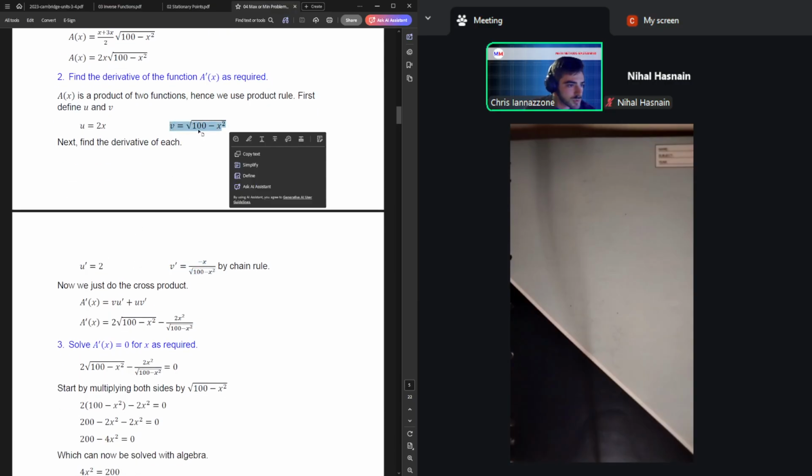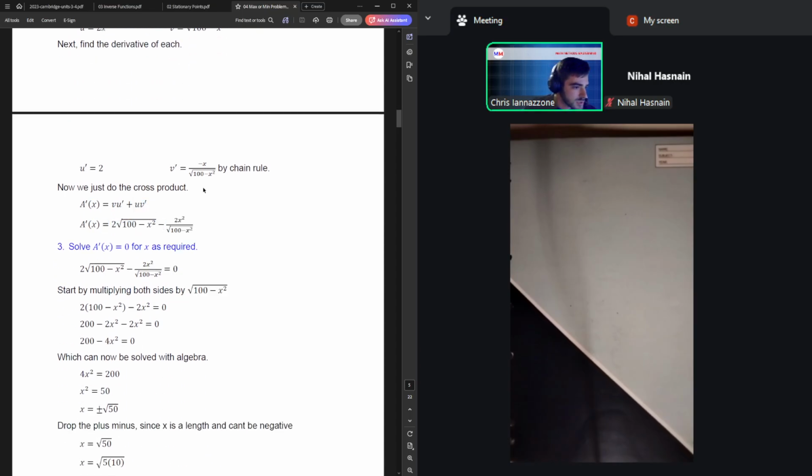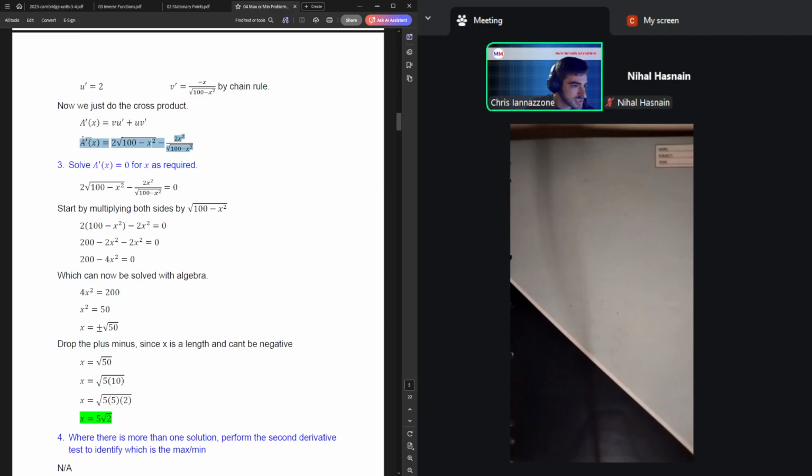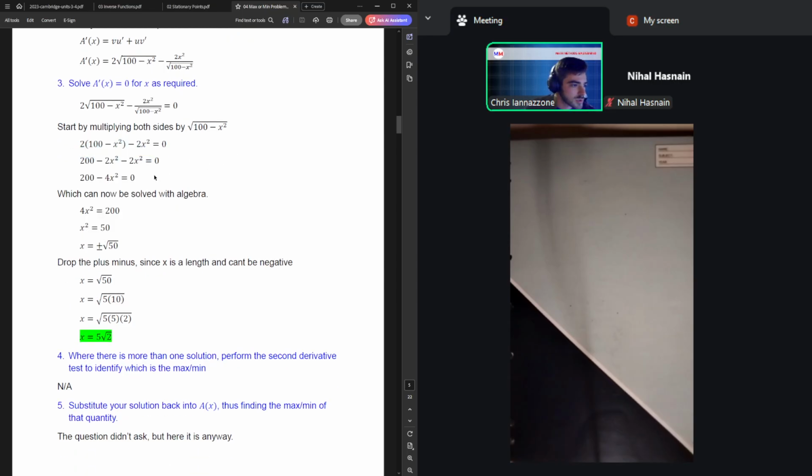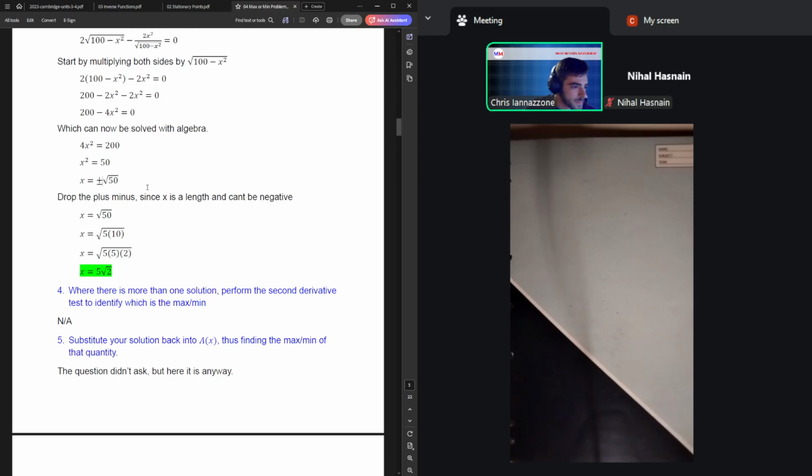This is going to be a chain rule because you've got the composite function. Plug it all in, and this isn't particularly nice to look at, but it won't end up being so bad when you multiply both sides by this denominator for solving the derivative being 0. Multiply both sides by the denominator, that's going to disappear, this root's going to cancel out into just the inside, and then you're just solving a quadratic like you normally would.